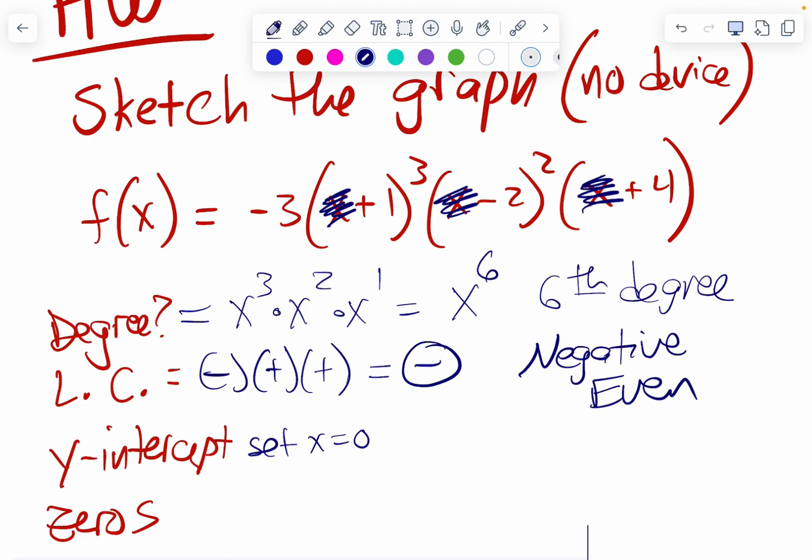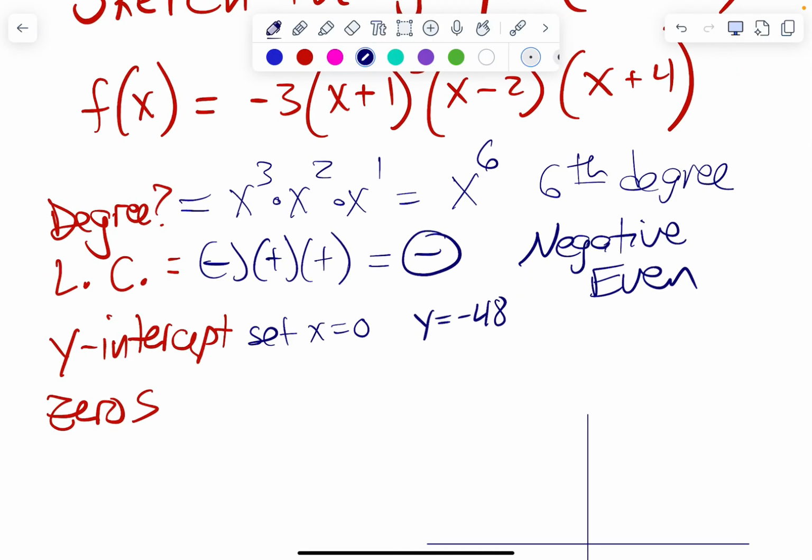What's -2 squared? That's 4. So it's -3 times 1, which is -3, times 4, -12, times 4, -48. Okay, so our y-intercept is -48. Guys, don't make the y-intercept hard, it's just multiplying.